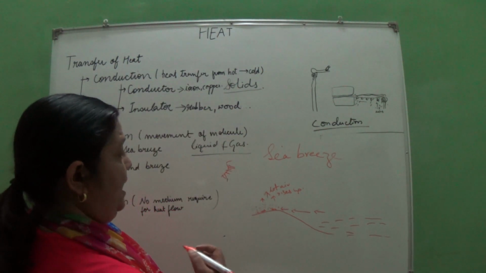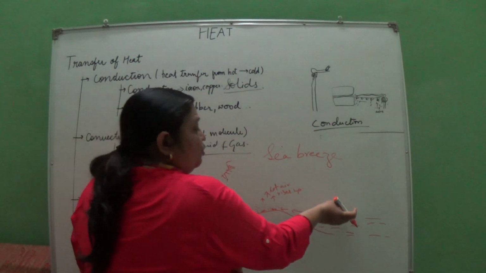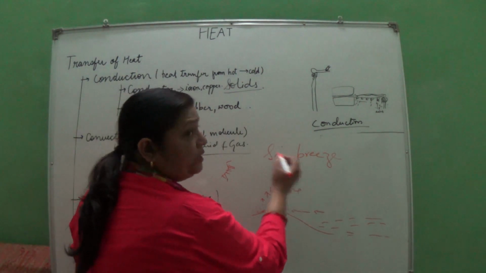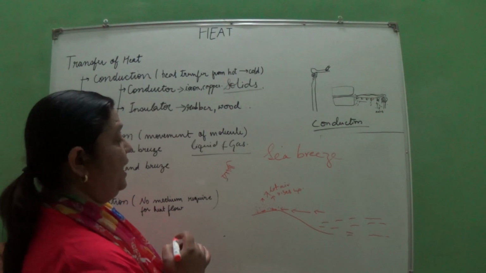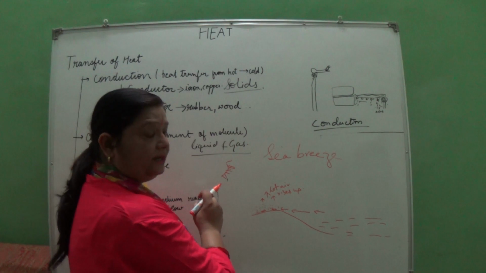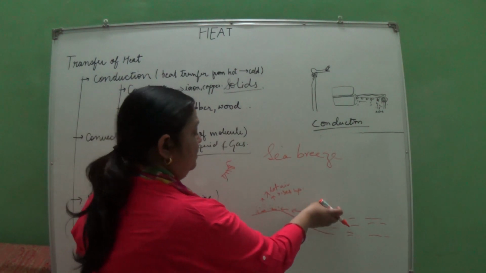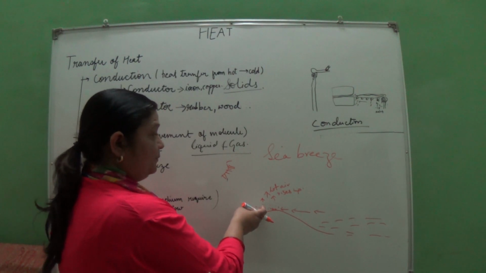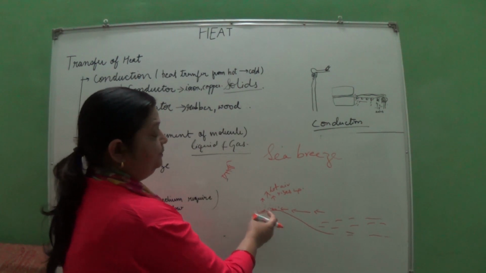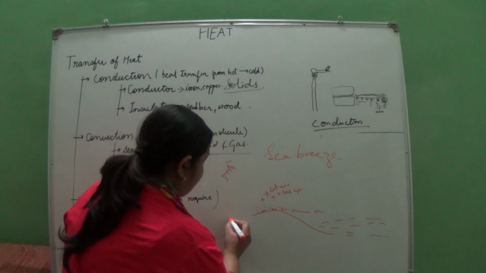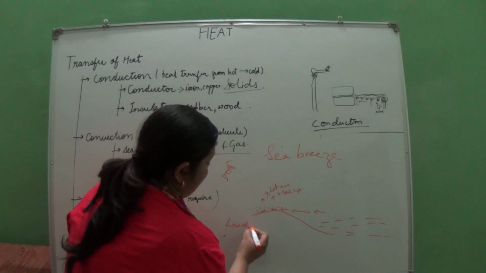As the breeze is moving from the water to the land, it is known as sea breeze. Here you can see the gases being heated and rising up, and the cool air rushing towards it. This is an example of convection.